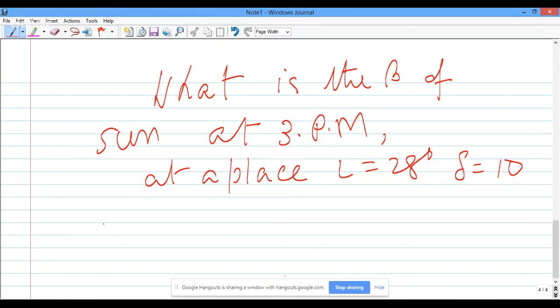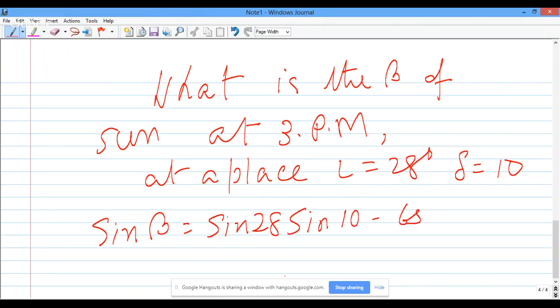So this is very simple. Sine beta equals sine 28 degrees times sine 10, minus cos 28 times cos 10 times cos of the hour angle. Now what is the hour angle at 3 p.m.? 3 times 15, 45 degrees, so cos 45.